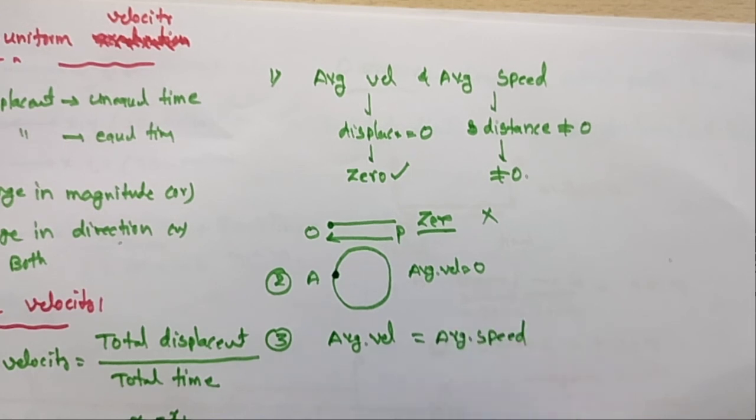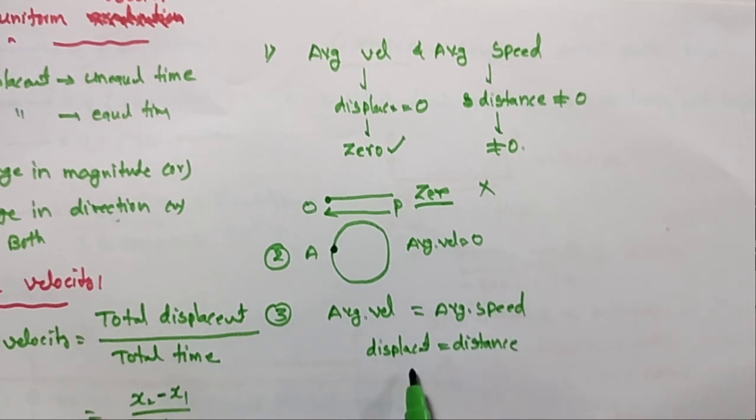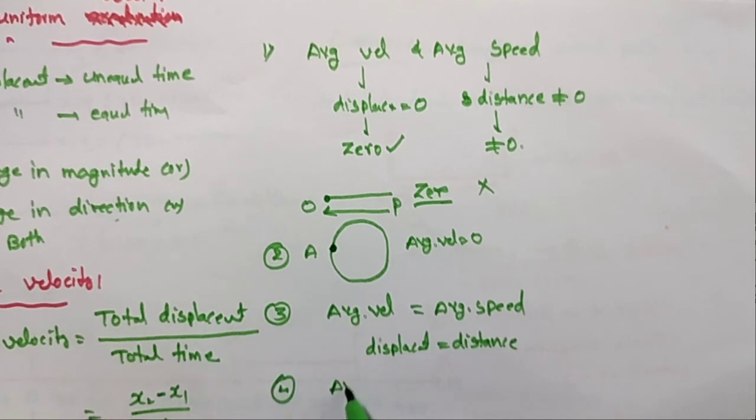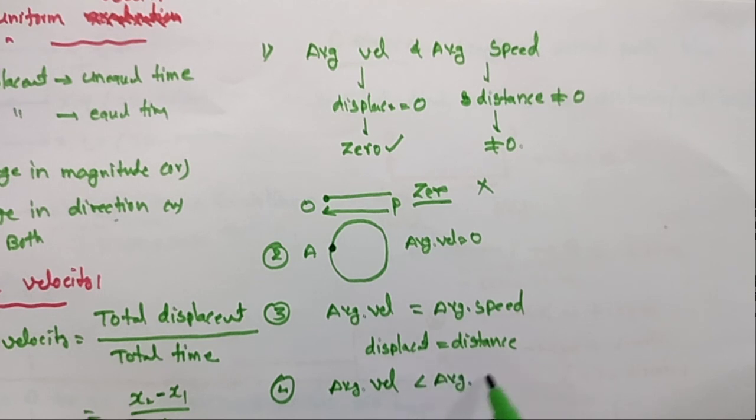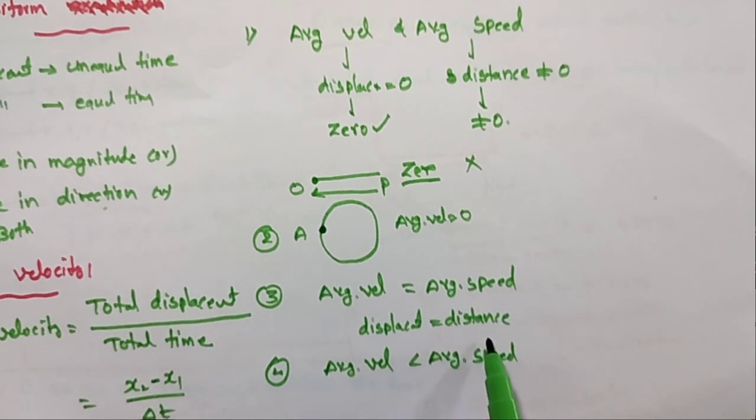When is this possible? When the displacement is equal to the distance, the average velocity and average speed are equal. Generally, the average velocity is less than the average speed, because displacement is less than distance.